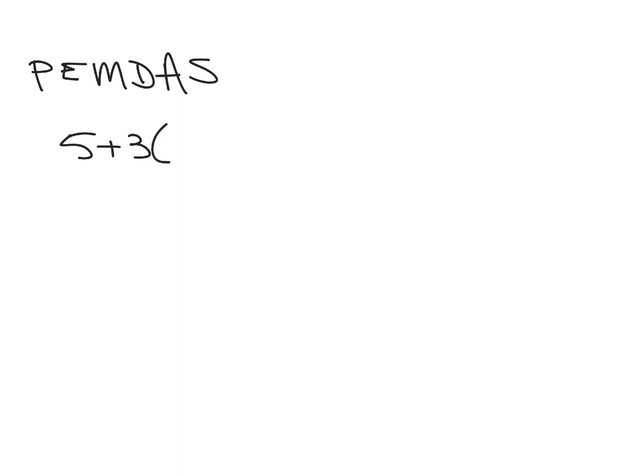So, for example, when we've got something like that, there is a certain order in order to solve that. Now, if, for instance, I decided I was going to go from left to right, I'd get 5 plus 3 is 8, times 2 is 16, plus 4 is 20.